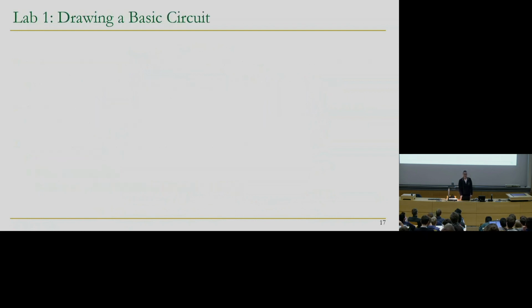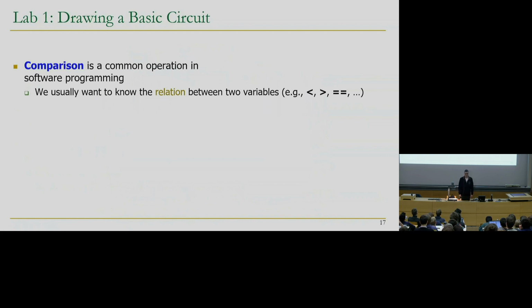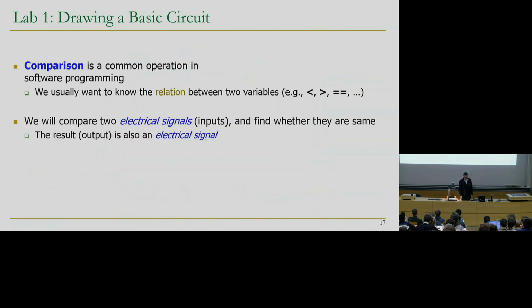Okay, so during lab 1, we will be drawing a basic circuit. This is just for you to practice a little bit with the simple gates that we have in hardware. Let me display the entire thing.